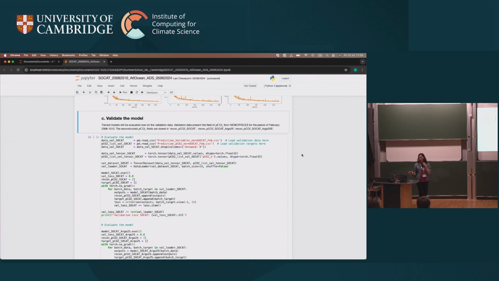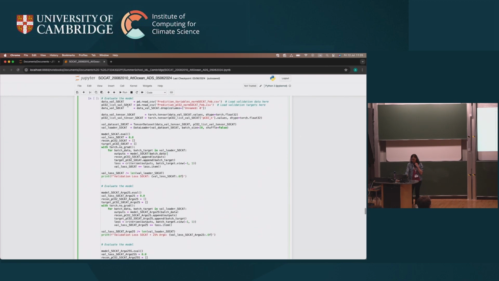In this particular case, because of the size of data, to make it easier to download, it's not really proper validation data, because it includes the whole Atlantic Ocean, including the points that we use for training. But you still can see the accuracy of our models, just to keep in mind. If you want to do proper validation, it should be data that your model has never seen before.